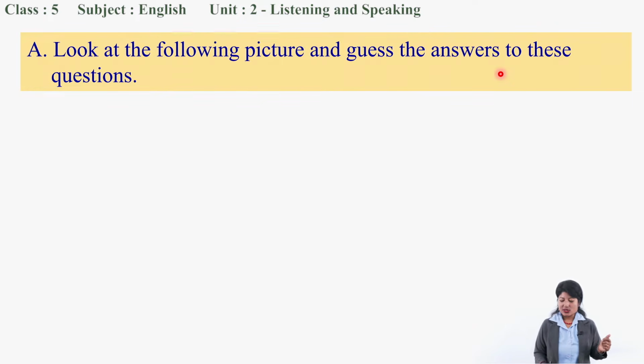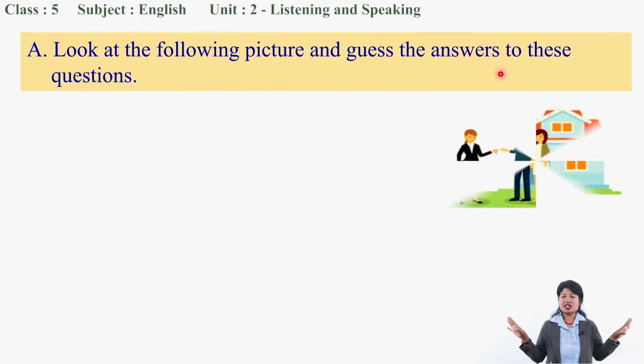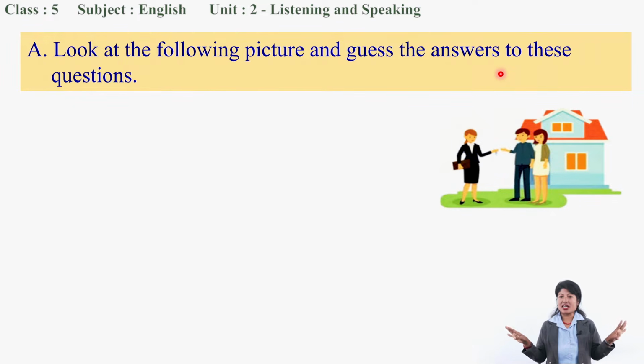Okay, so there is a picture. Look at this picture. Observe it carefully. First of all, what can you see? Yes, we can see a picture with how many people? How many people can you see over here? 1, 2, and 3, right?